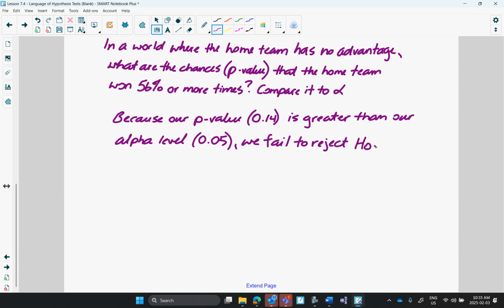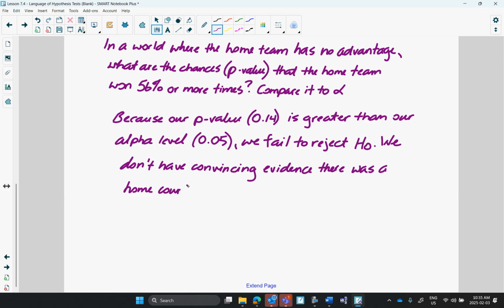We don't have convincing evidence there was a home court advantage. We can be even more precise than 14%, okay, which we'll talk about later on.